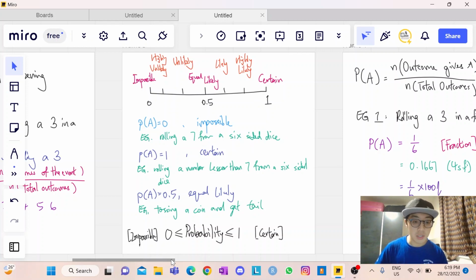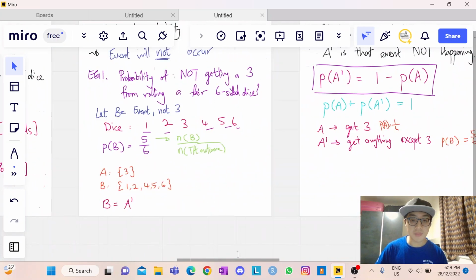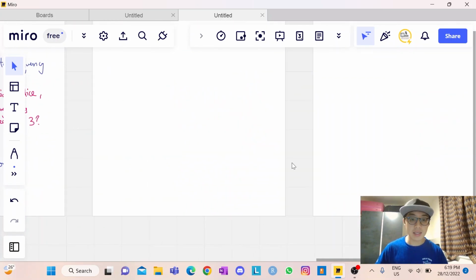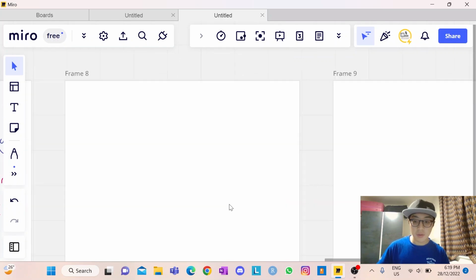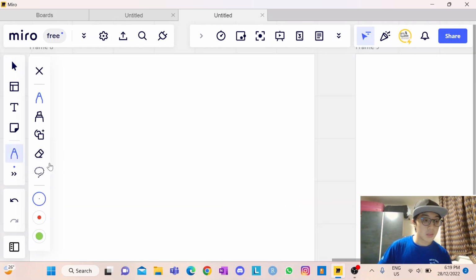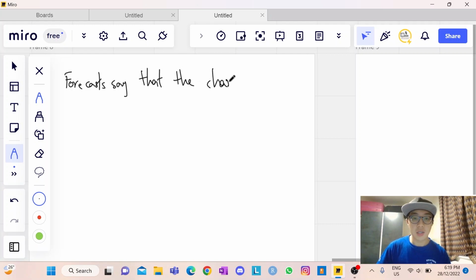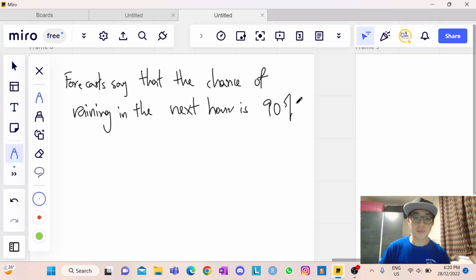So the example I can give here is, let's say the forecast says that the chance of raining in the next hour is 90%.